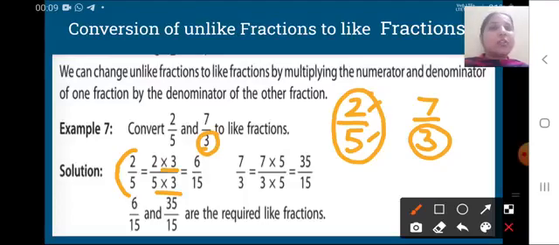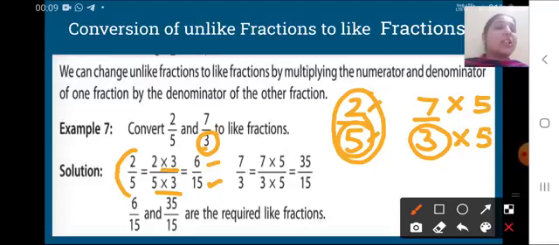So what will we get? 2 3s are 6 and 5 3s are 15. Now similarly, the other fraction which is 7 upon 3, we will multiply it by the denominator of the other fraction, which is 5 here. So we will multiply both numerator and denominator of 7 upon 3 by 5.